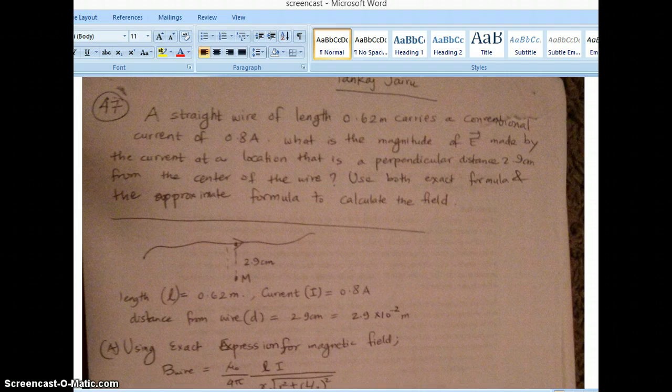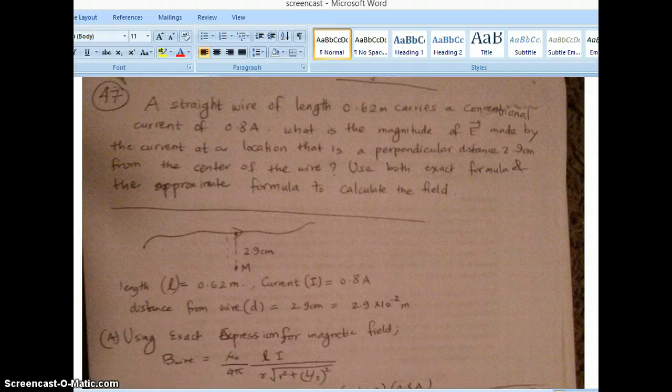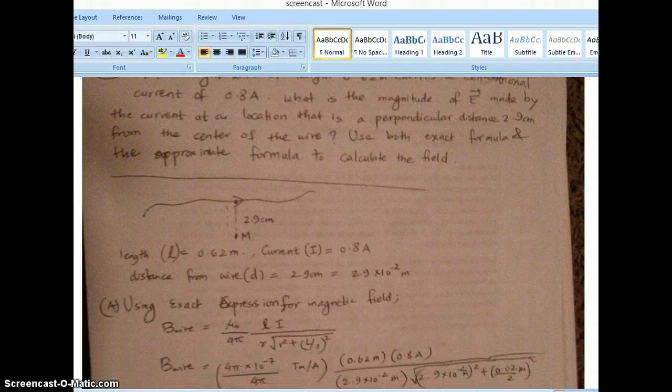So basically this question is asking us to find electric field in two ways. One is the exact formula and the other one is the approximate formula, or we can say electric field approximation.